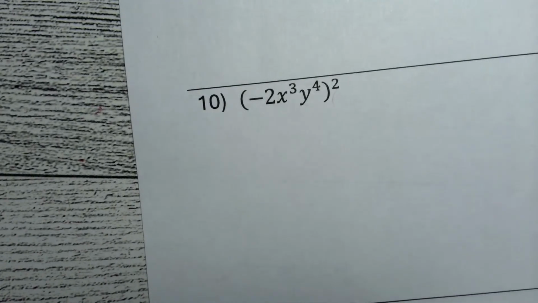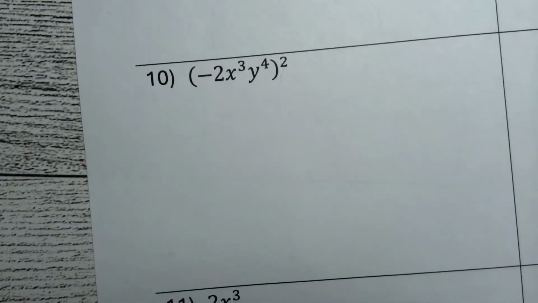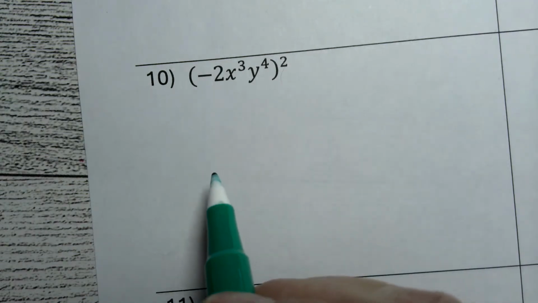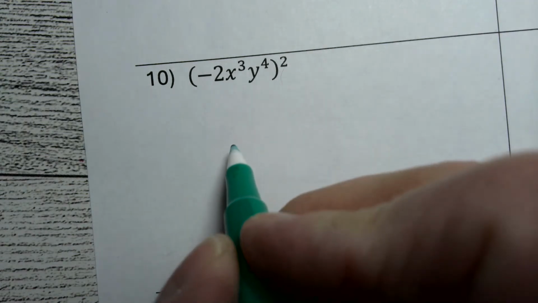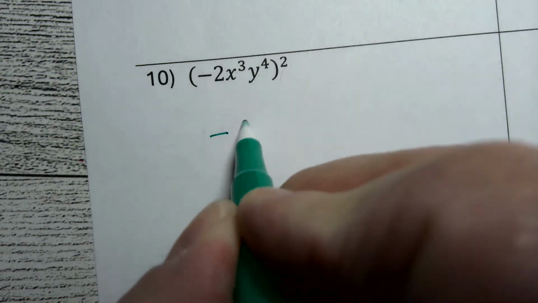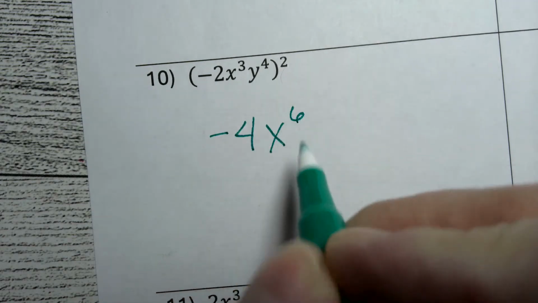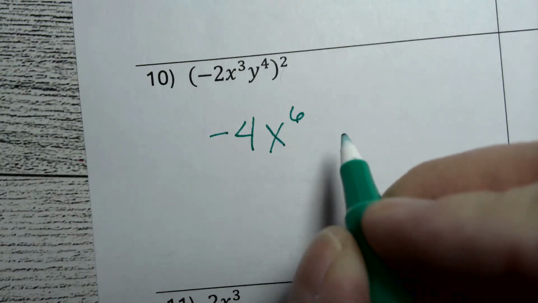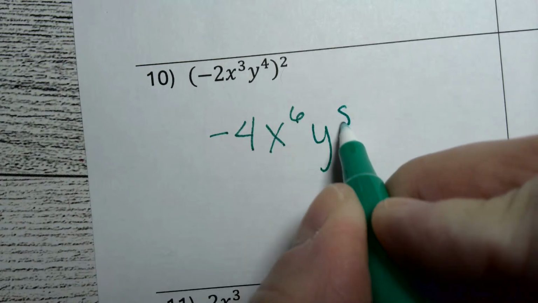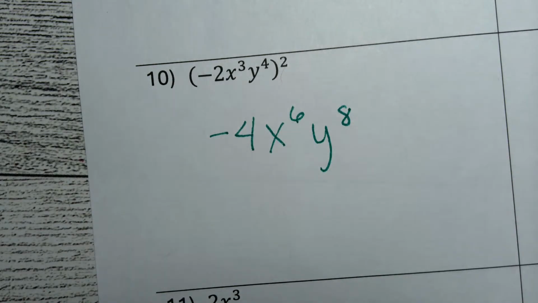All right, it's a little bit bigger. She's made a mistake on this one as well. And here is her answer. She did it in her head, and she wrote out negative 4x to the 6th, y to the 8th. That is incorrect. Find the mistake and redo it over on the side.